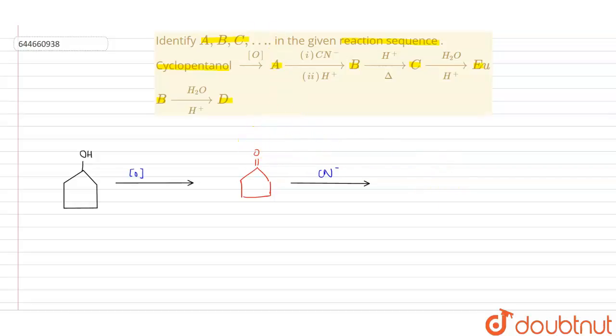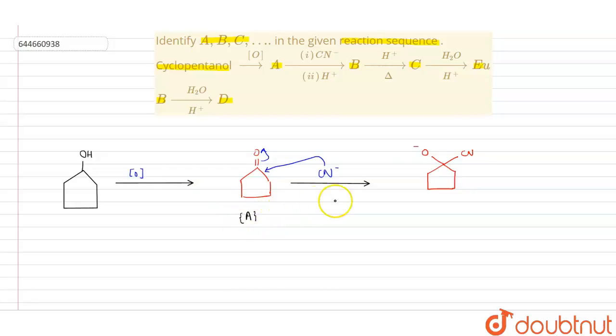This CN minus attacks on this carbon, and the double bond moves to the oxygen side, and it forms a compound like this. Over here this CN is attached, and oxygen takes the negative sign, O minus. Now labeling, this is A.